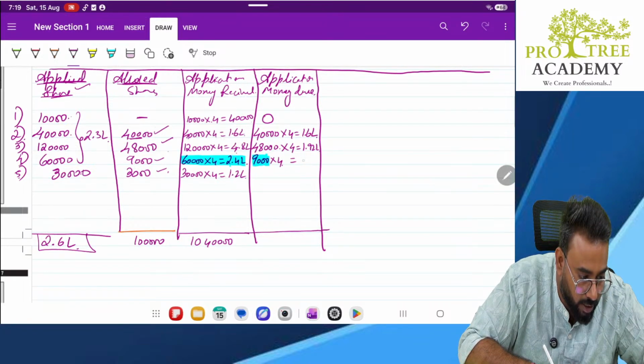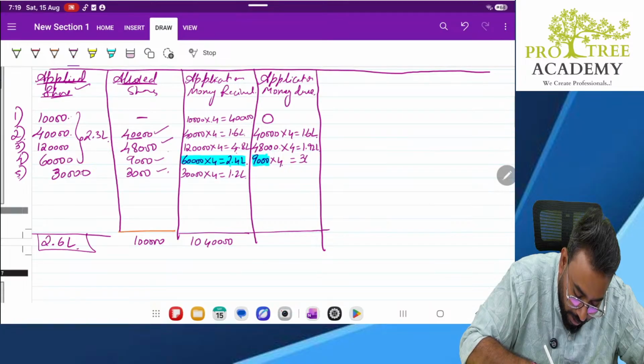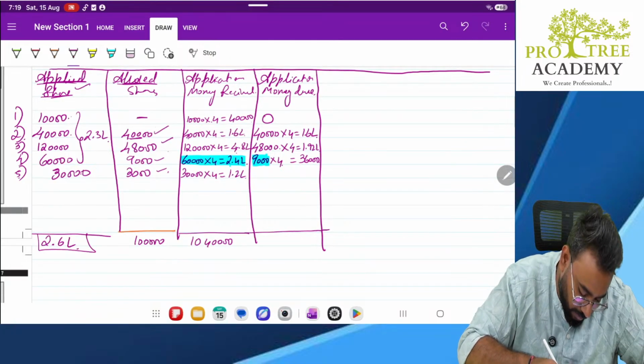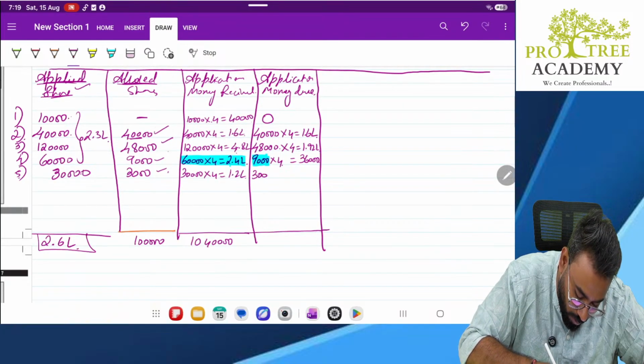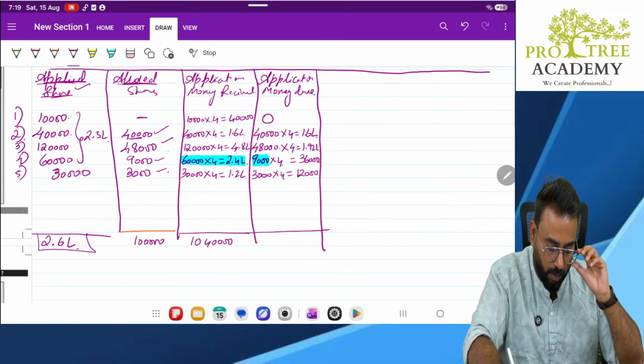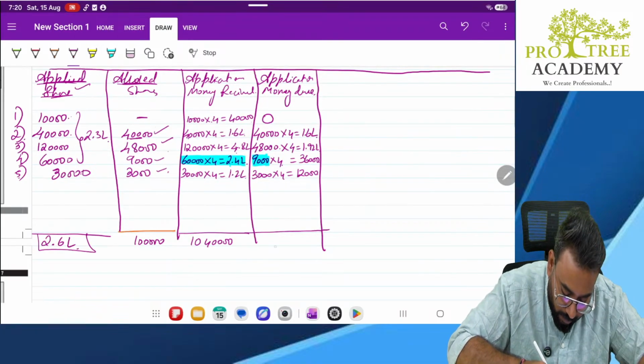So 9,000 into 4 is nothing but 36,000. Next, 3,000 into 4 is equal to 12,000. Total this, 2.6.